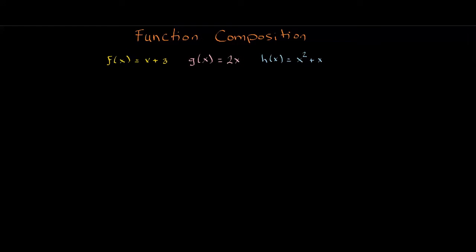Hi, let's continue with what is actually the second topic of this course, and the topic is function composition. Function composition relies on a very simple principle, which is just the basic idea of what a function is.